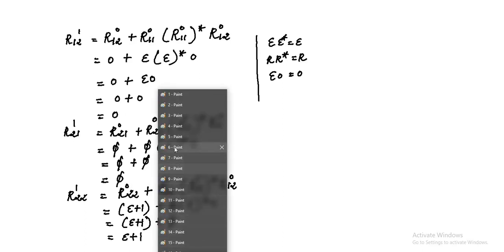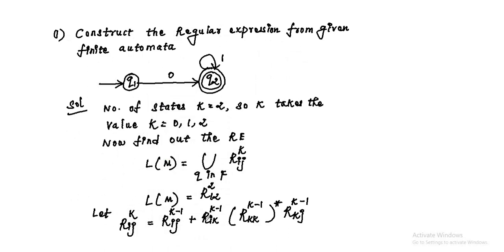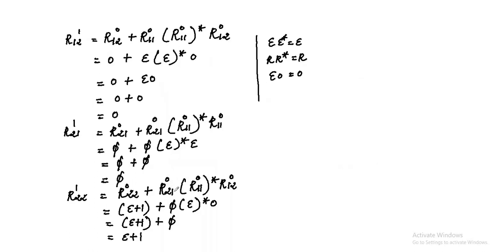Look at the formula here, r_ik raised to the power k minus 1. The i value is 2 here, the k value is already 1, raised to the power 0. Next r_kk raised to the power k minus 1, where the k value would be 1, so r_kk raised to the power 0, whole star.